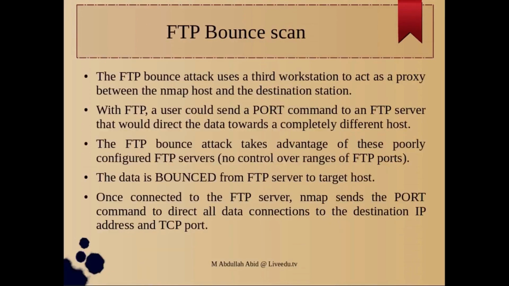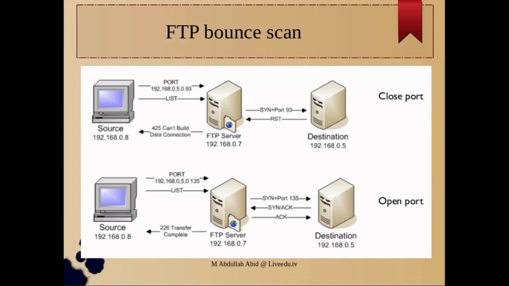The FTP bounce attack is another attack that uses a third party, a third FTP server which may be deployed at any point. In this we use a particular destination and we send that to the FTP server, and the FTP server forwards that to the destination.